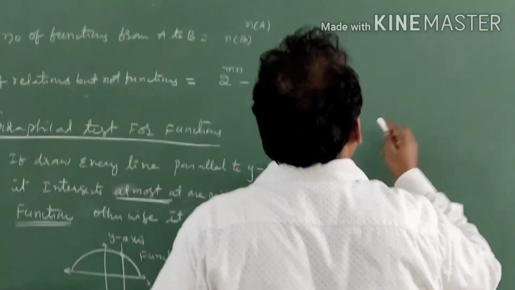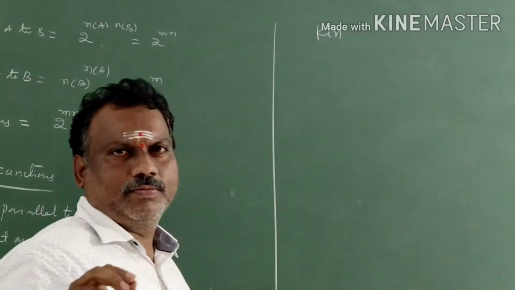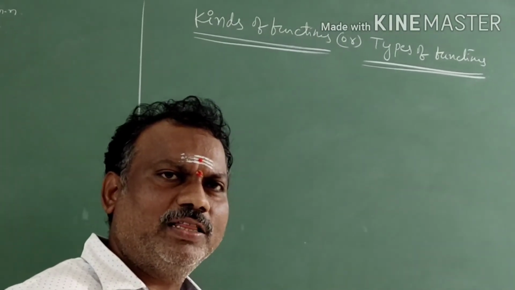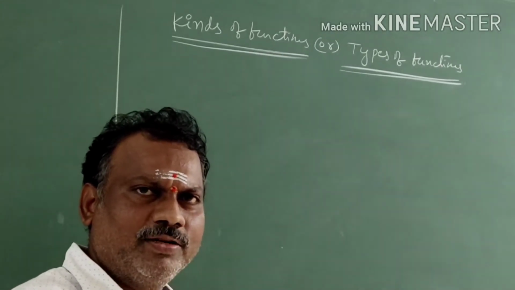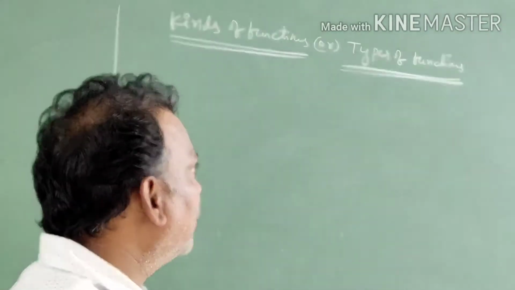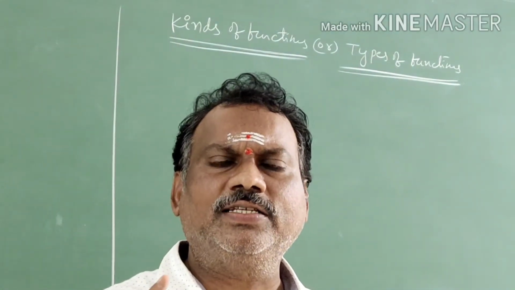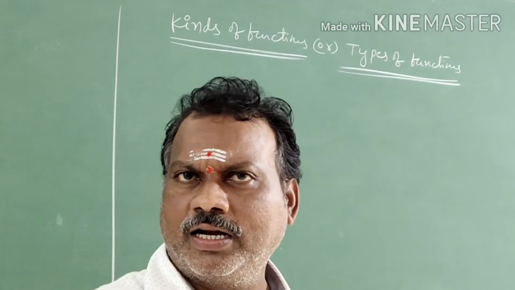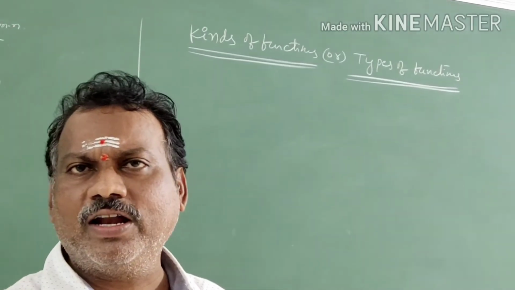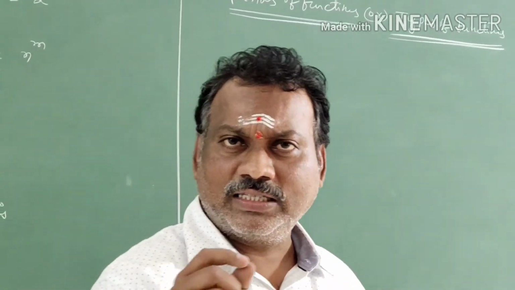Right. Now we will discuss the types or kinds of functions. Based on their numbers or behavior, we divide them into different types. We have the types. First one is one-one function or injection. Second one, onto function, surjection.